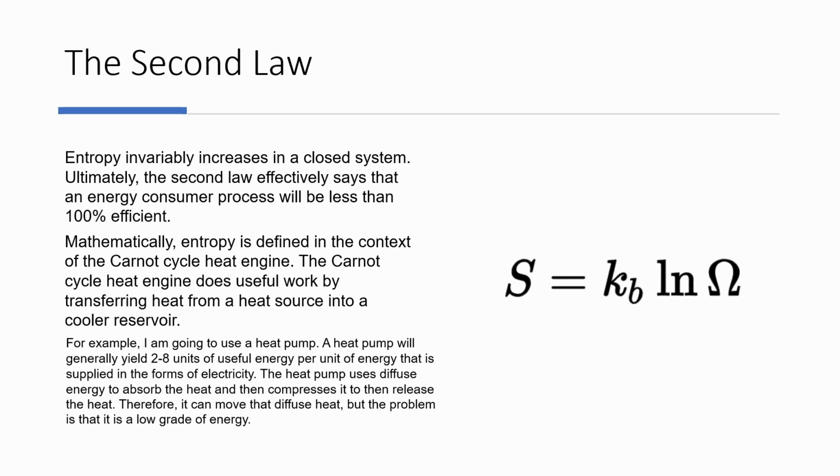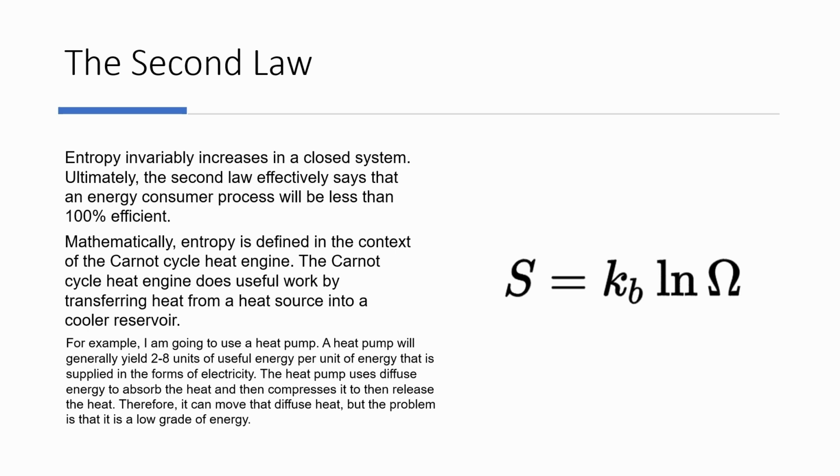The heat pump uses diffuse energy to absorb the heat and then compresses it to release the heat. Therefore, it can move that diffuse heat, but the problem is that it is low grade energy while it is moving. So once it gets to the end of that process, it's very low grade and not as efficient as we would like it to be.